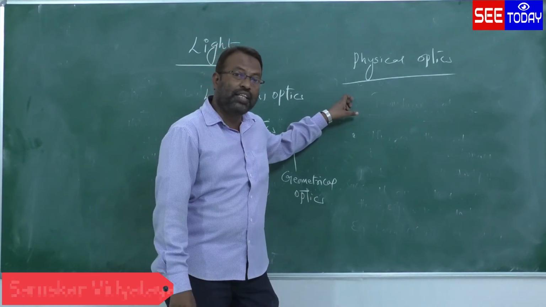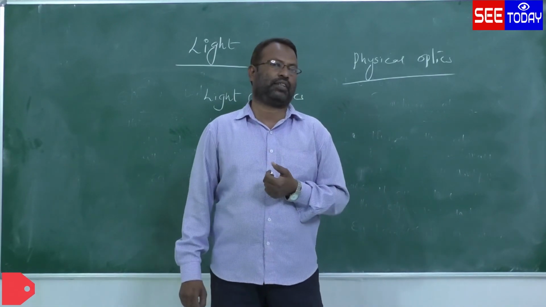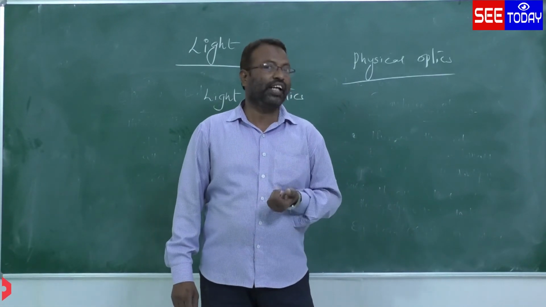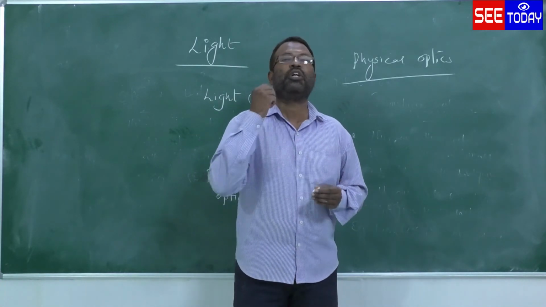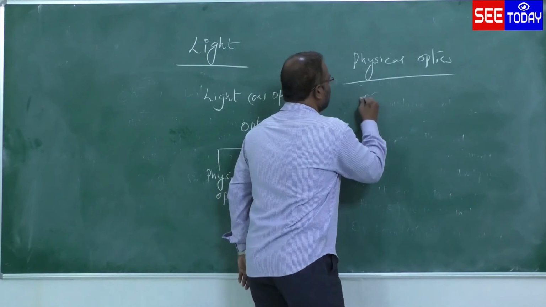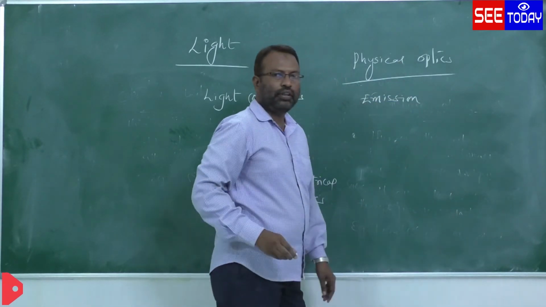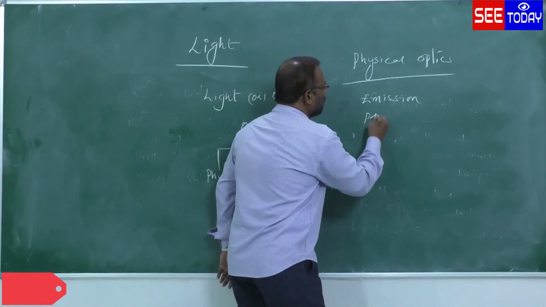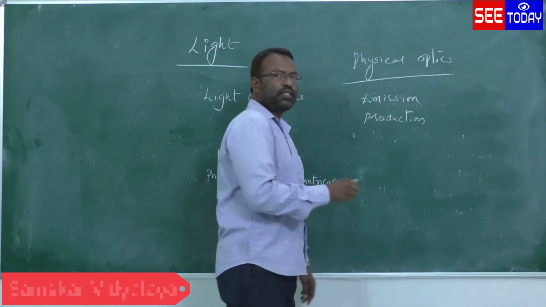Okay, what I said: which part of the light is called physical optics? Is it clear? The emission of the light becomes a physical optics term, and production of the light is a physical optics term.